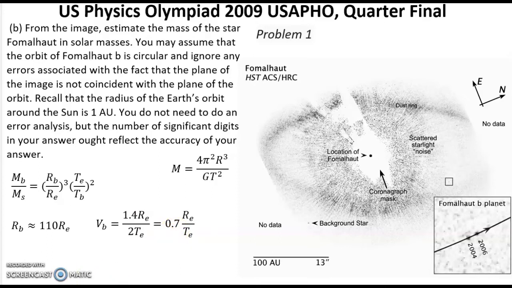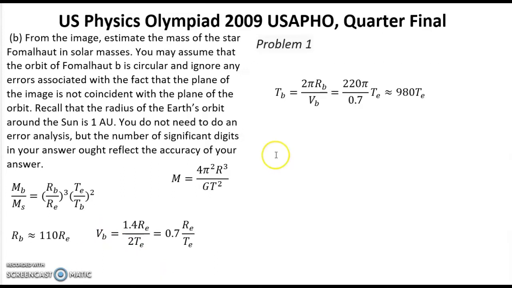And now to find the total period for this planet, we need to divide the circumference of this orbit by this speed. Now we can estimate the period of this planet using these formulas, and finally that's about 980 Earth years.